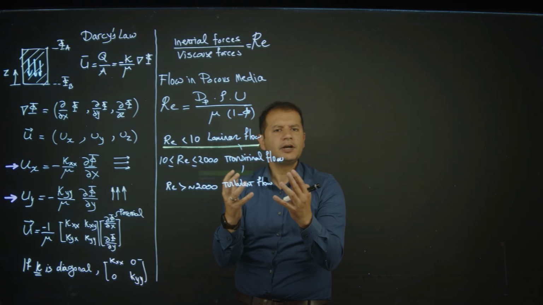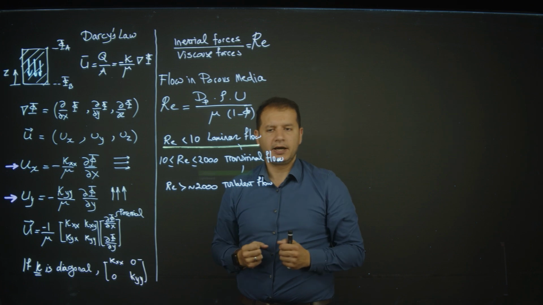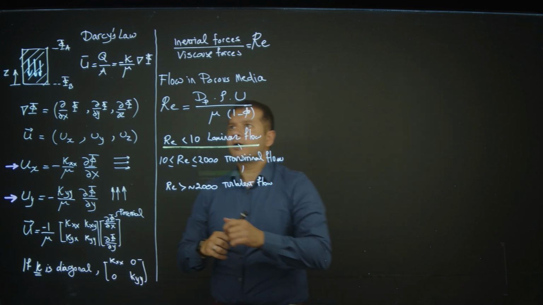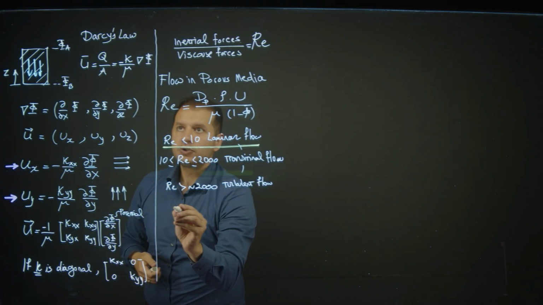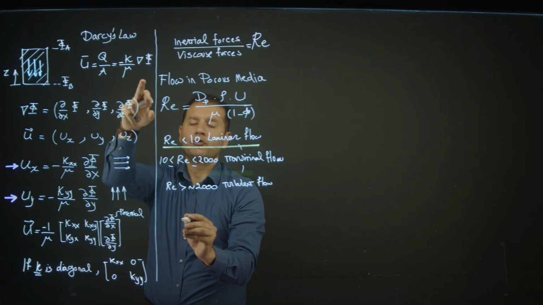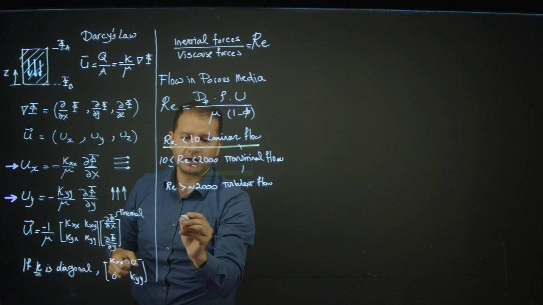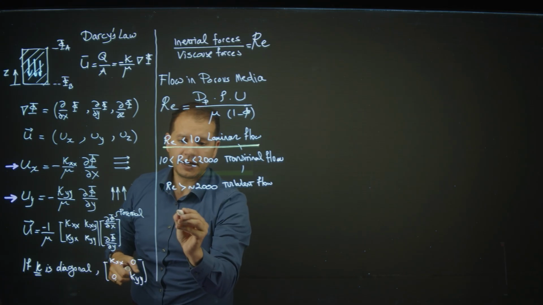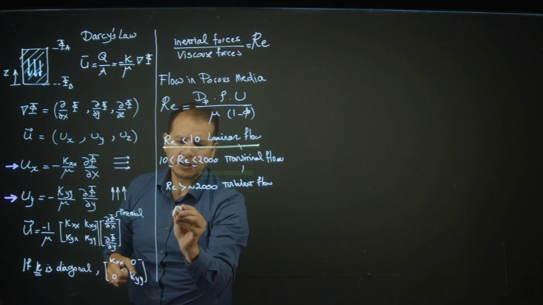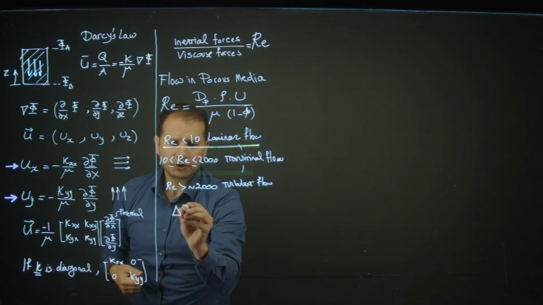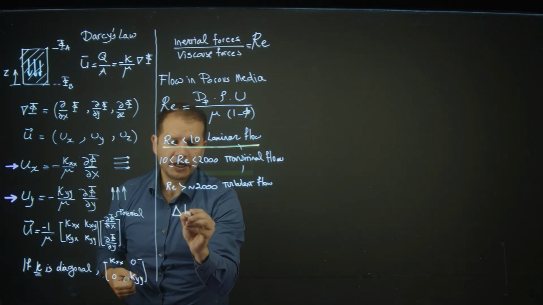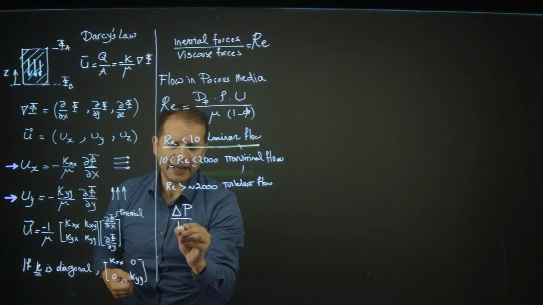So what's the storyline behind this? We know from Darcy's law that if I write the drop of the potential over the length scale, so grad phi, I can write it, for example, if it's horizontal flow, as a pressure drop over length.